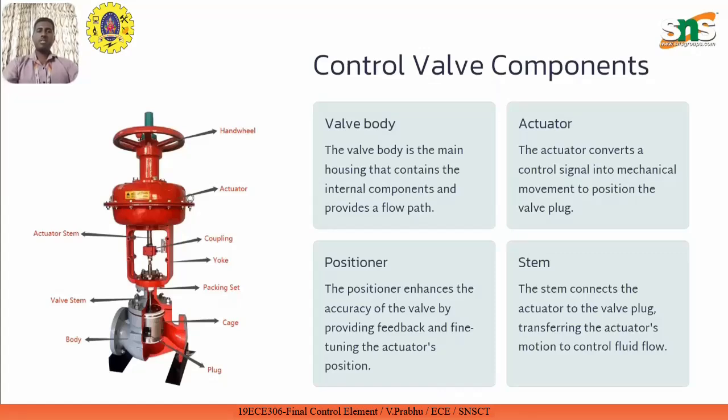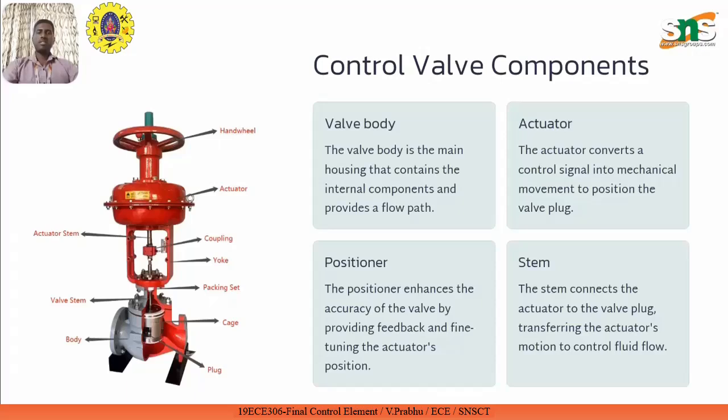Another major component in the control valve is a positioner. Now we are giving a signal to the actuator, and the actuator is going to move either up or down. The supply pressure is continuously provided to the actuator, so we need to keep it in a particular fixed position. For that we have a unit called a positioner.